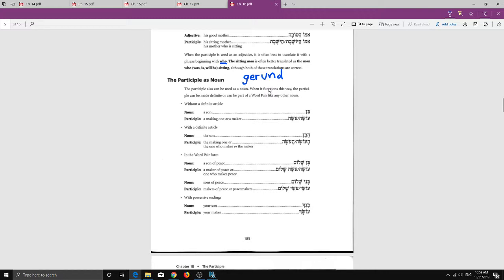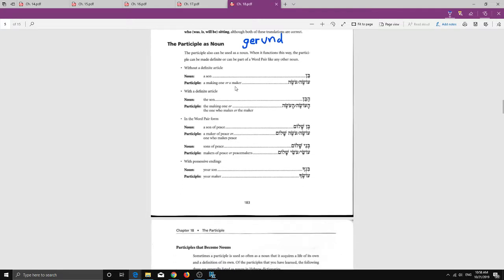It's a verbal idea used as a noun. That's a gerund. So in Hebrew, this can happen as well. And when it does, it can be made definite, just like a regular noun, and it can also function in word pairs, like any other noun.